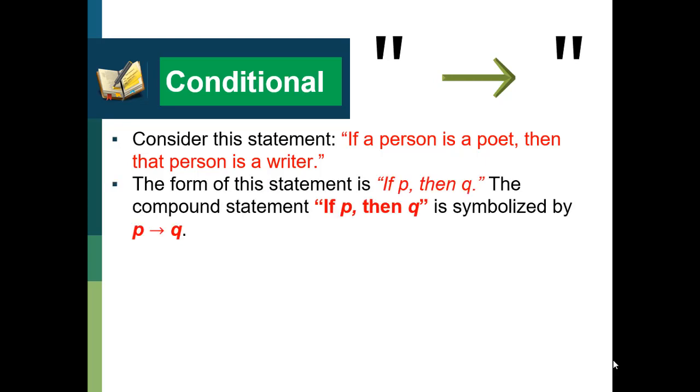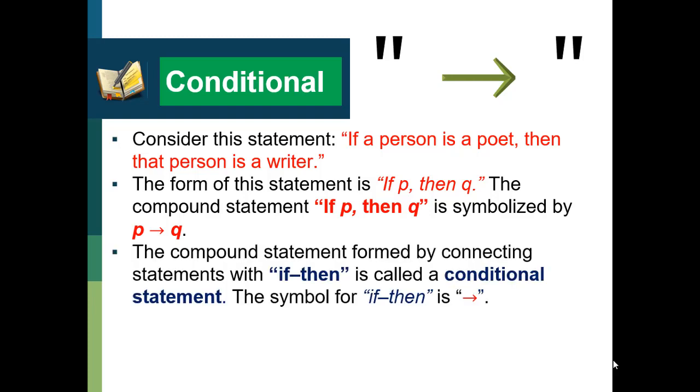The form of this statement is if P, then Q. The compound statement if P then Q is symbolized by P, arrow, Q. Now if you're going to view the example, our P there is a person is a poet. Our Q there is a person is a writer. Now if you're going to connect it with if then, you can write it in symbol P, arrow, Q, and that is read as if P then Q.